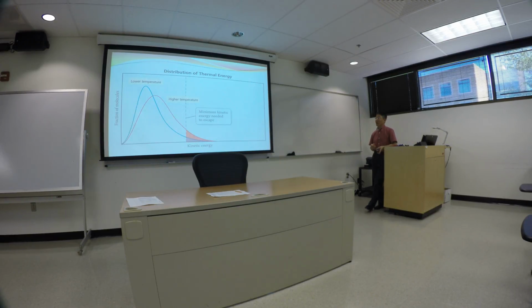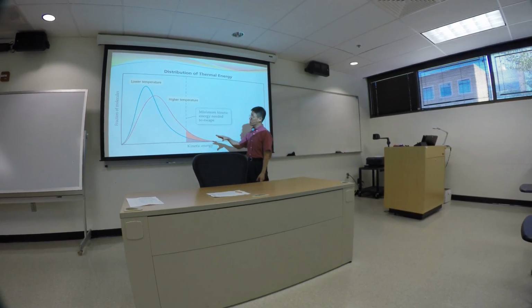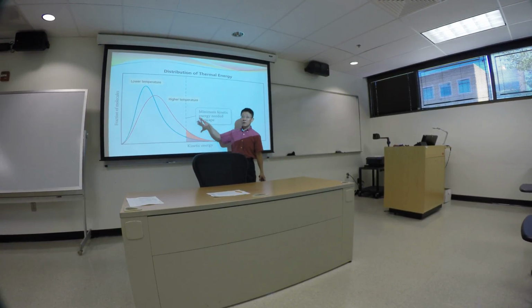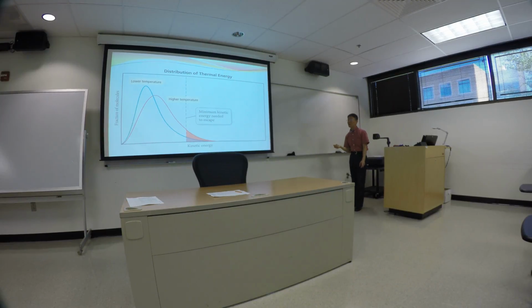Now, if you look at the minimum kinetic energy required for the water molecules to escape, a higher temperature results in a higher percentage of water molecules acquiring that energy to get into the gas phase. So, in the distribution of thermal energy, the higher the temperature, the higher the thermal energy we have.